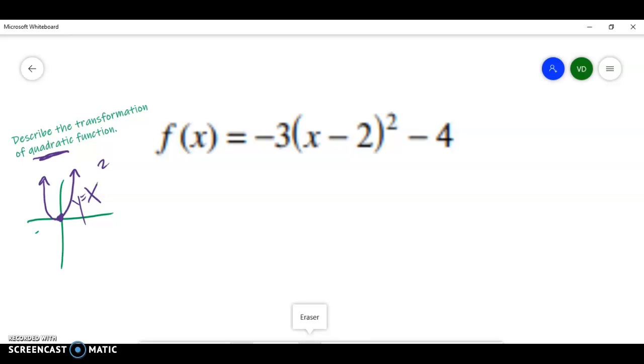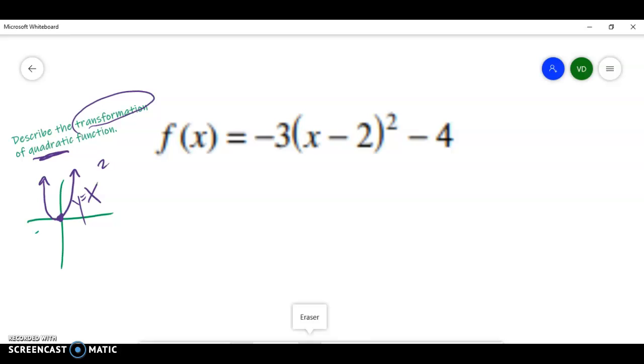When you apply a transformation, you are either making it flip, stretch, slide from left to right, or shift up and down. The best equation to use for this is vertex form.